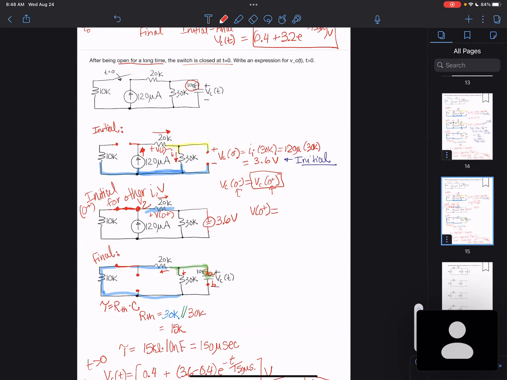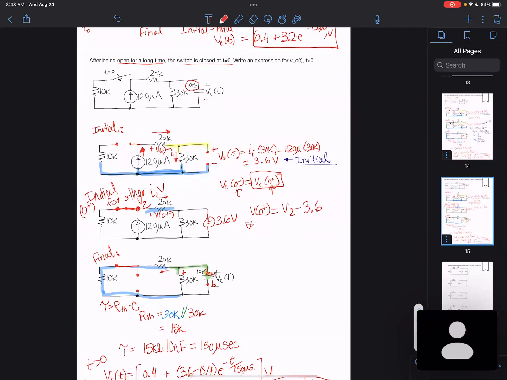And then you use the capacitor voltage, the initial value we just found. So that 3.6 volts. So you would redraw it for this circuit and then solve for that V of 0 plus. So this is going to be V2 minus 3.6.